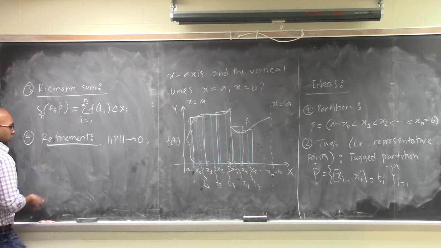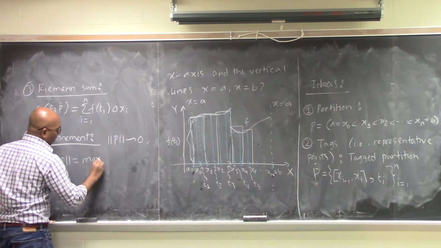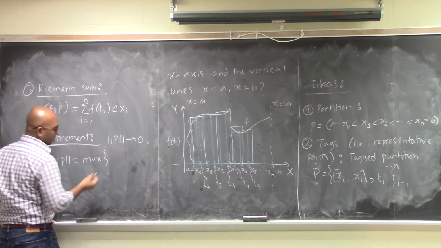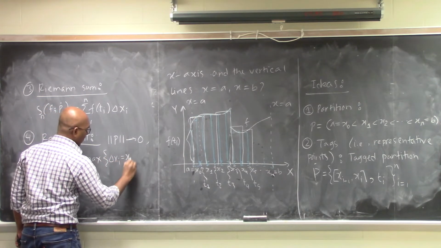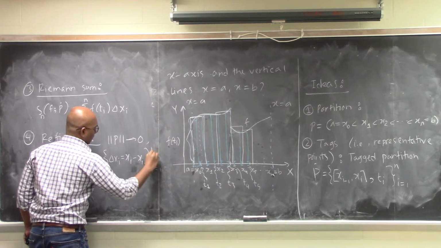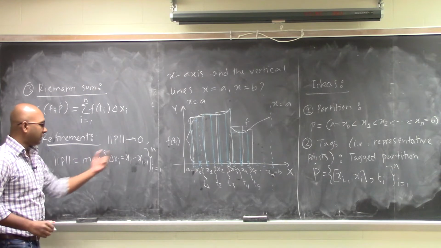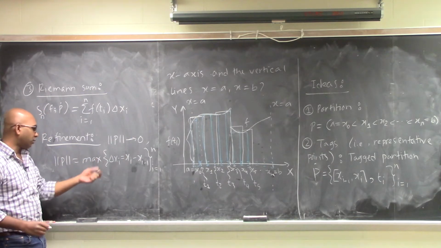Okay, so what does norm mean? The norm is the maximum of the lengths of the subintervals, delta x sub i, which is x sub i minus x sub i minus 1, for i equals 1 up to n. So if you measure the length of each of those subintervals, you take the largest one, that's the norm.